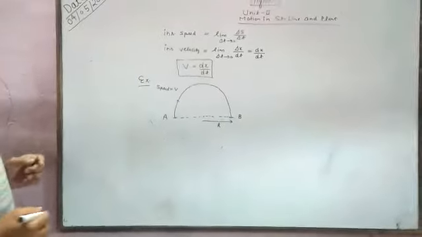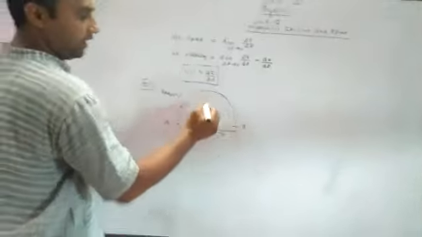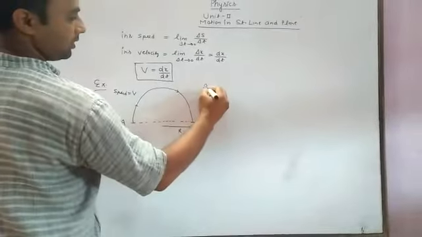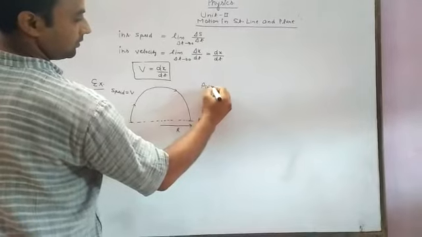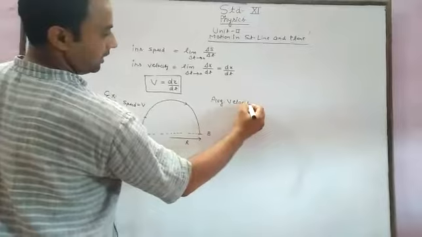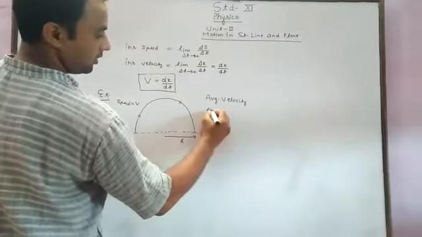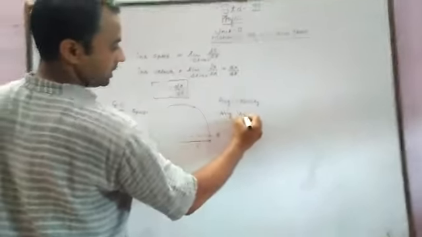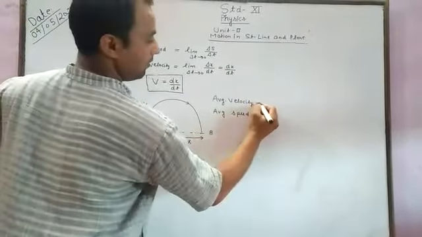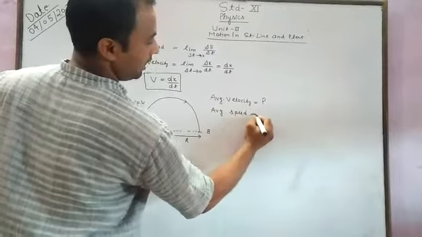We have to find, if the particle is moving from A to B along the track, the average speed and the average velocity. Both we have to determine.